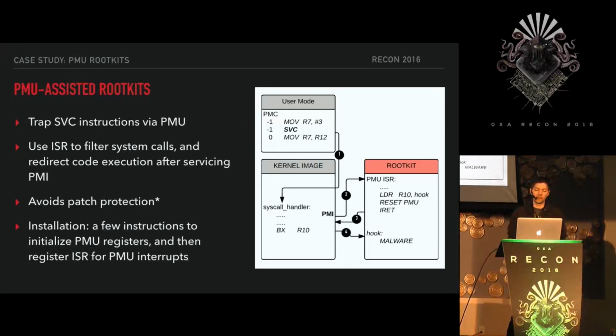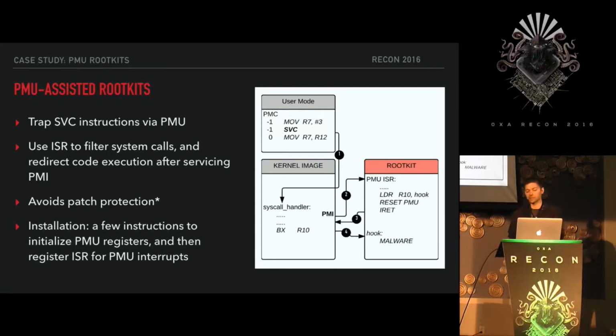So we get code execution at some point after the supervisor call instruction, and then we can redirect code execution by modifying the saved registers however we want. And one of the advantages of this is it avoids the current state in terms of patch protection or kernel integrity measuring.